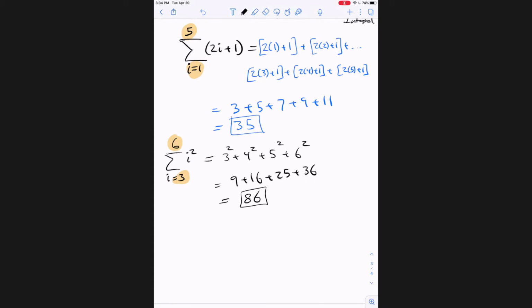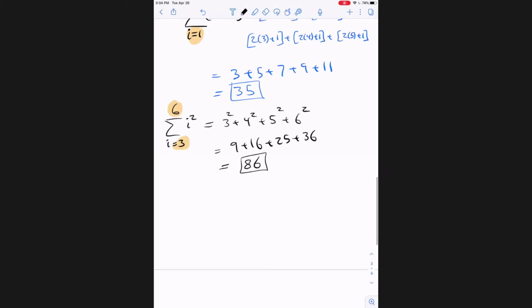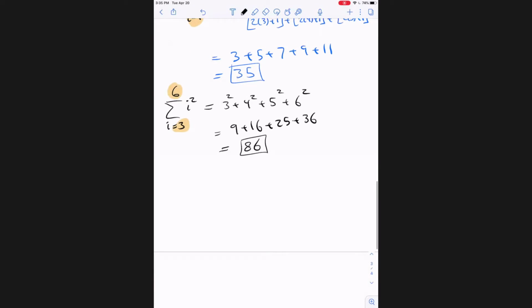Sigma notation is supposed to make things easier to write. Let's say I have the summation from i equals 1 to 100 of i. That means add up all the numbers from 1 to 100.